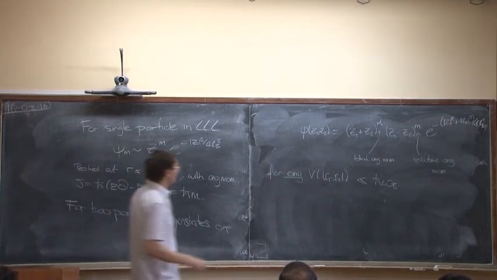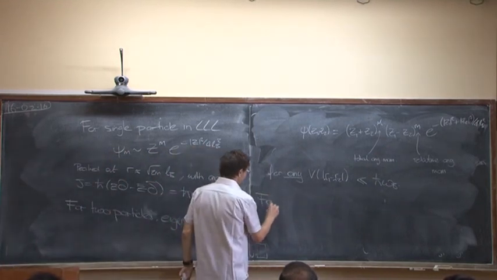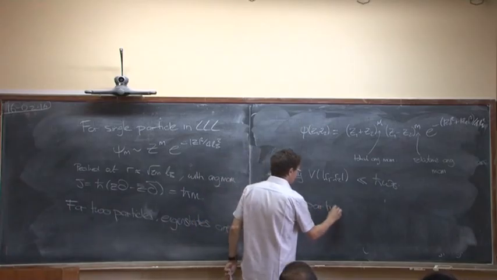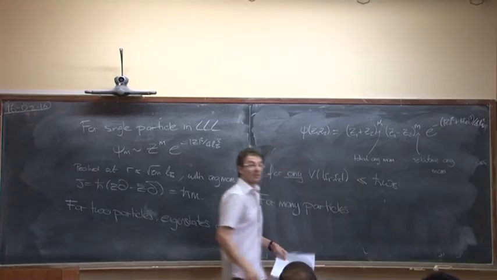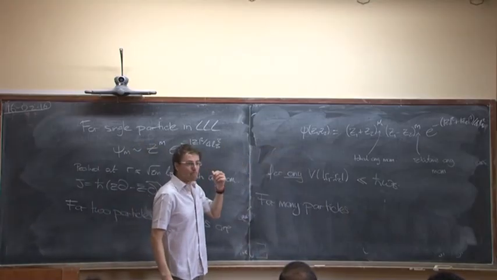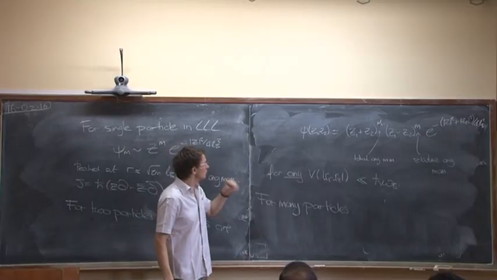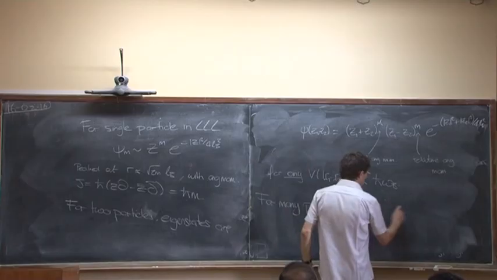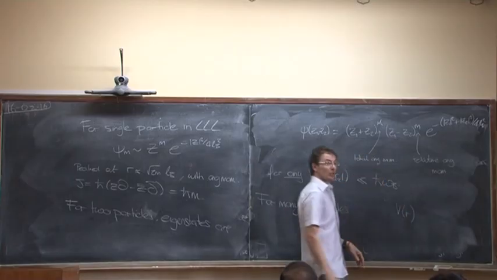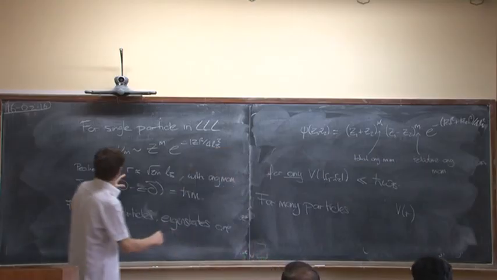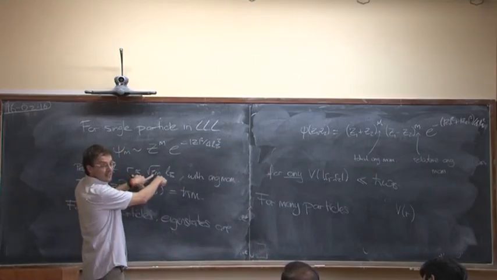Okay. What about for many particles? So what m is the ground state depends then on the potential. So if I want to know what's the lowest energy eigenstate, these are all the eigenstates. So roughly speaking, the potential is V of R. This wave function is peaked on this.